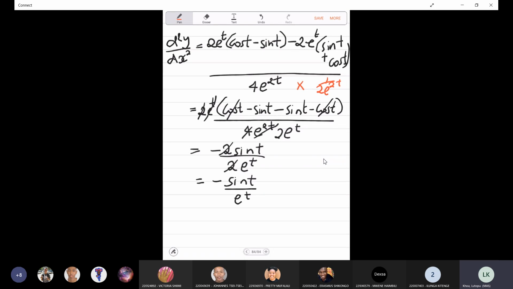So this whole thing has to be multiplied by 1 over 2e to the power of 2t.